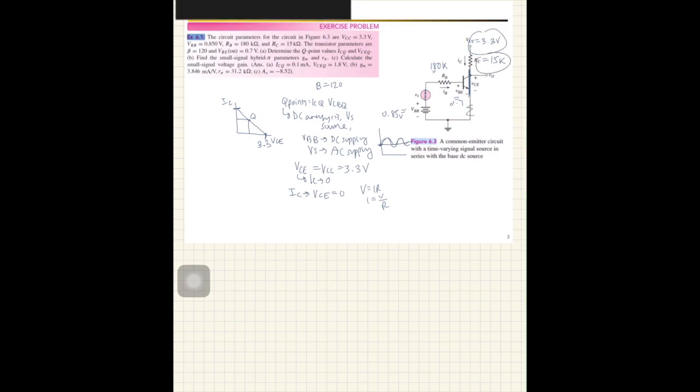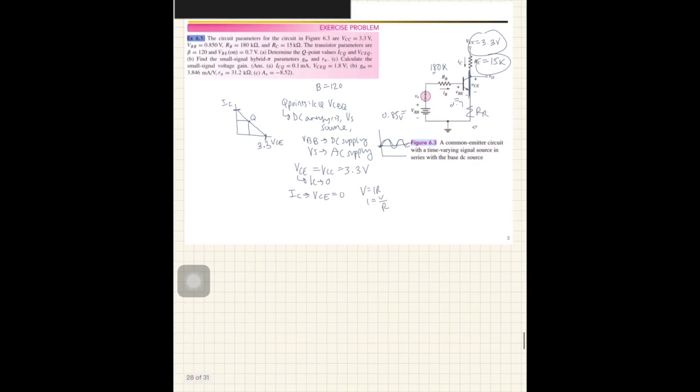If there was a resistor here, then the current IC would be 3.3 over 15K plus 3K.